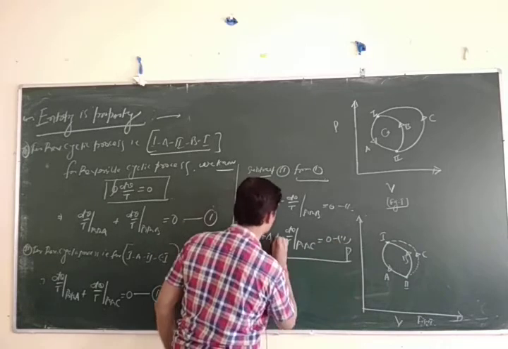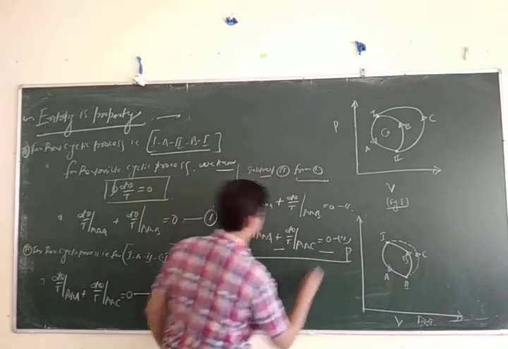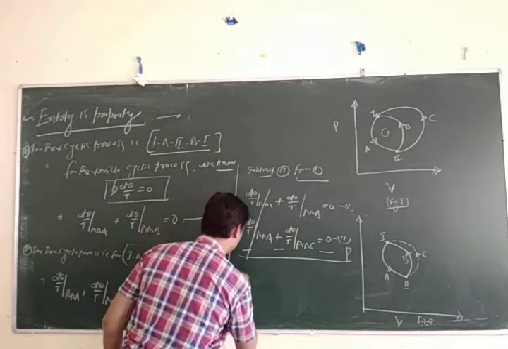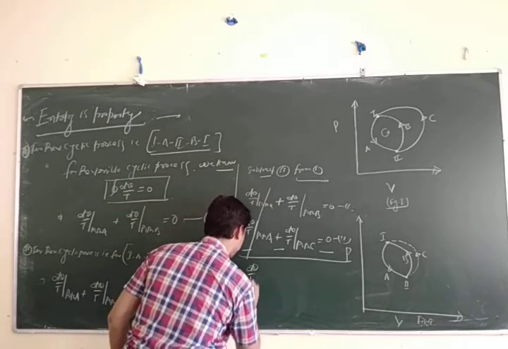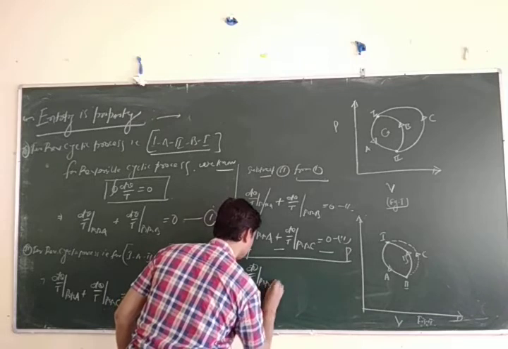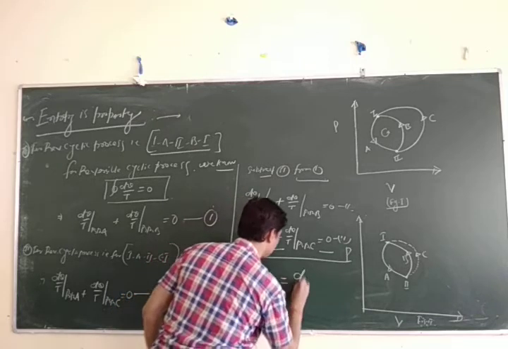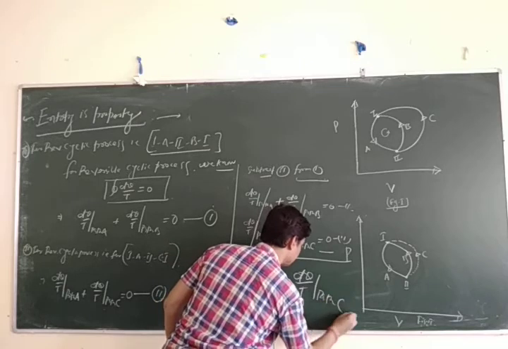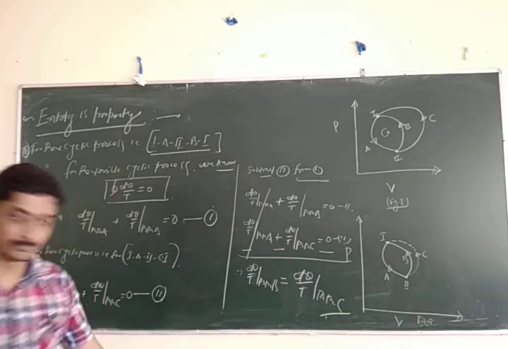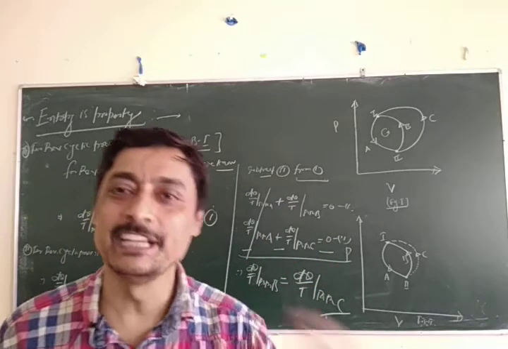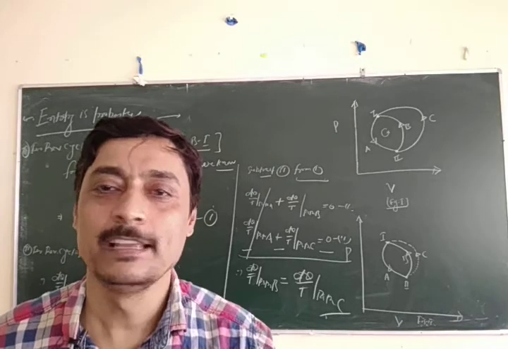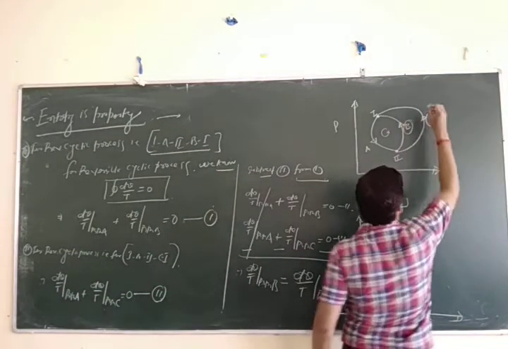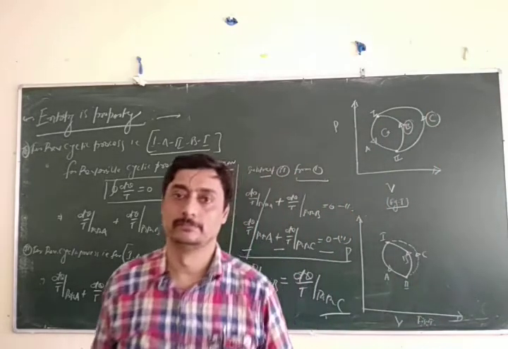We subtract this one, the path A terms cancel out, and we get that dQ by T for path B is equal to dQ by T for path C. That means this quantity for path B and path C is equal.